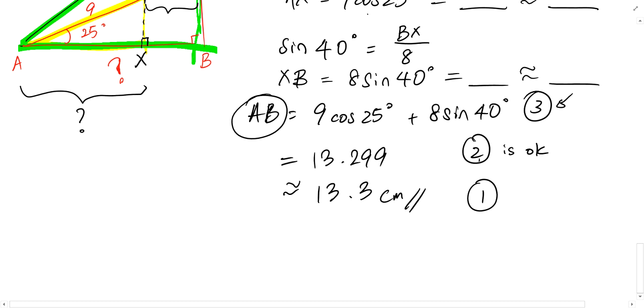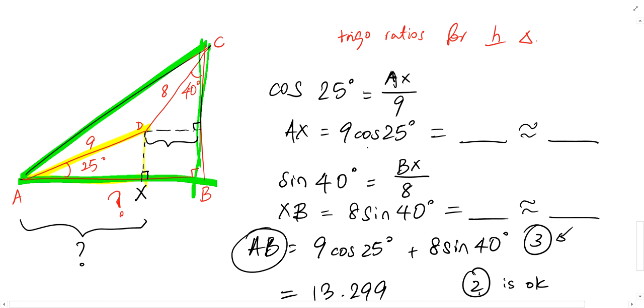So with this, you should be able to find BC because the approach is the same. Find this part first, then you find this part. Alright? So finally, for angle CAD. CAD is now the unknown that we have in the question.